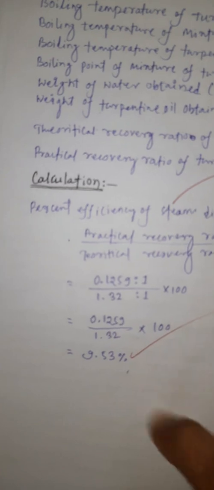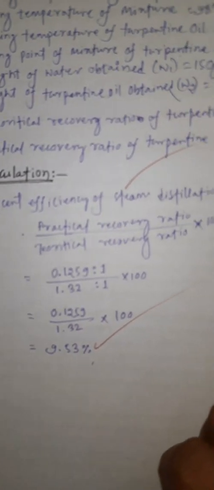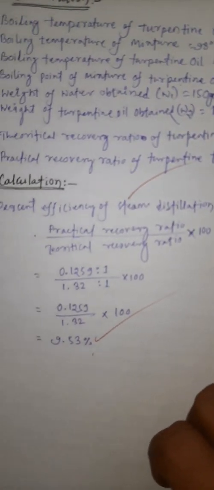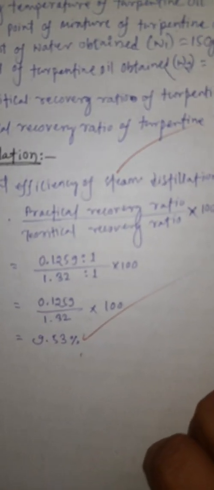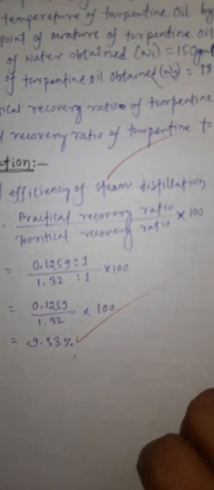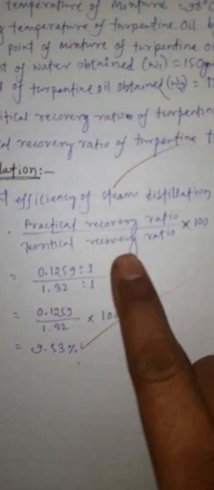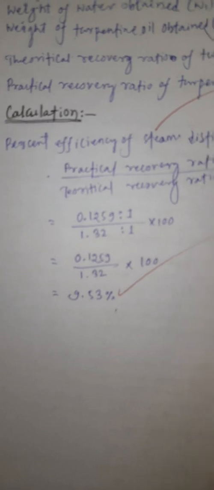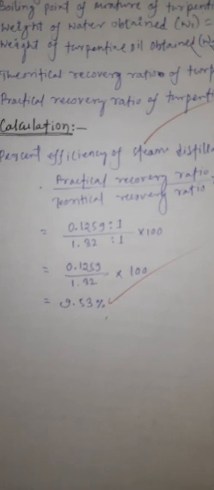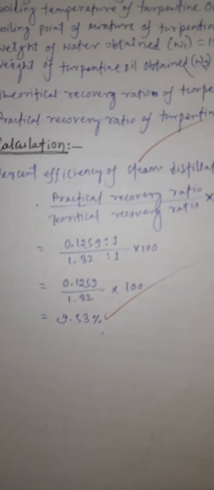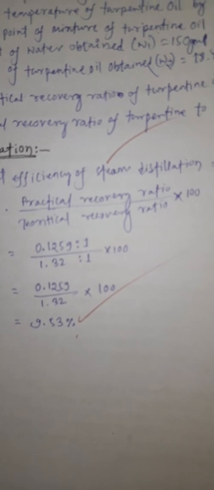Then the calculation part: the percent efficiency of steam distillation is equal to practical recovery ratio divided by theoretical recovery ratio, times 100. By putting in this formula, the percent efficiency of steam distillation was determined, and the report will be like this.